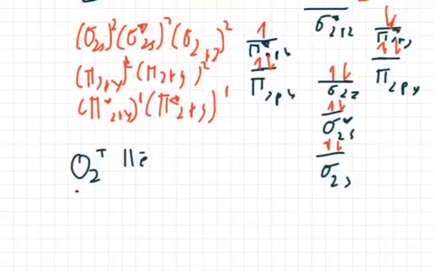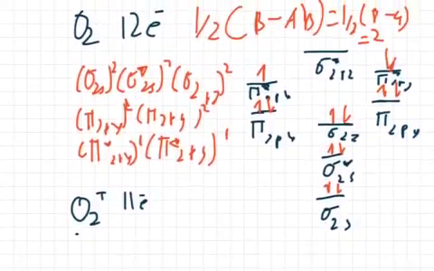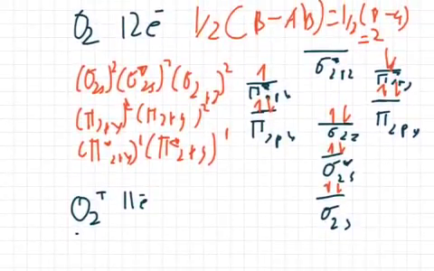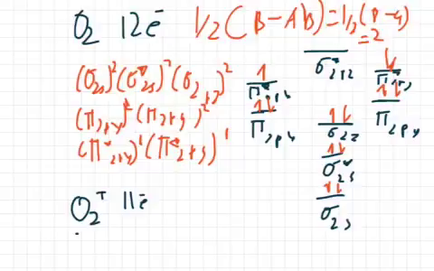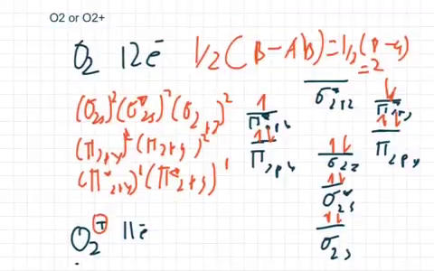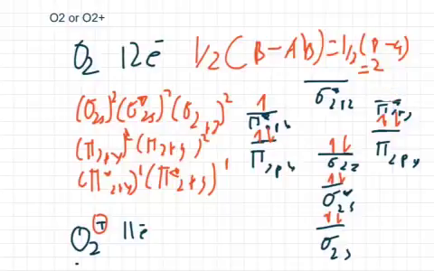Now O2 plus follows the exact same pattern of molecular orbitals as O2, but because of the plus, it would have one fewer electron, hence 11 valence electrons. So the pattern would just have one fewer remaining.